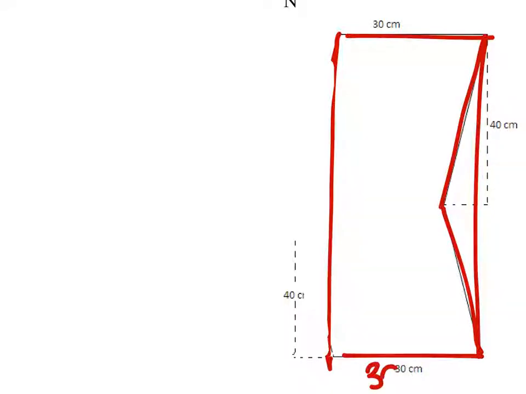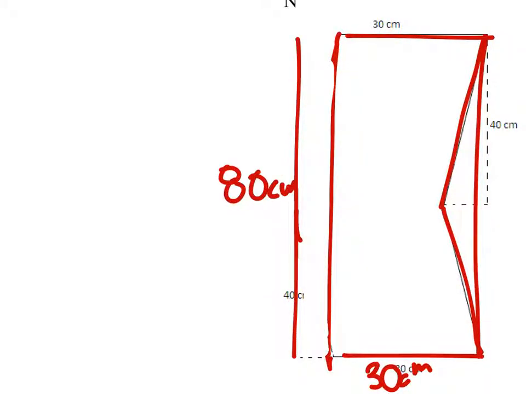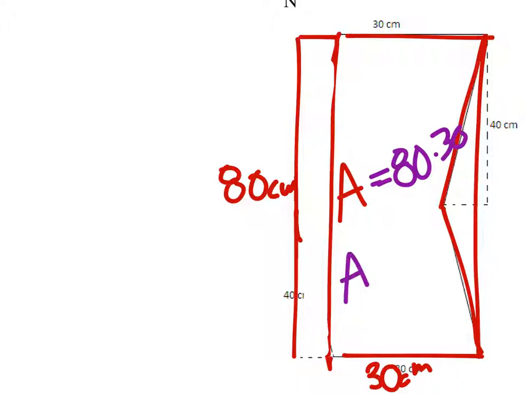And this is 30 centimeters by, this is 40, and that's 40, so a total of 80 centimeters. So if I wanted the area of this thing, I would do 80 times 30 in my calculator to get an area of 2,400. What's the units on this? Centimeters. Close. Squared. Centimeters squared. Very good.